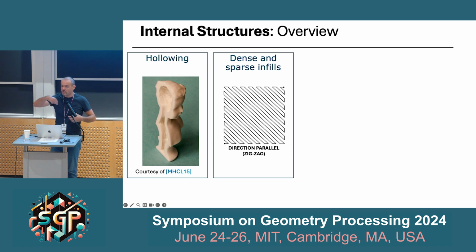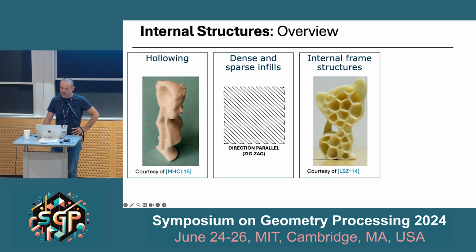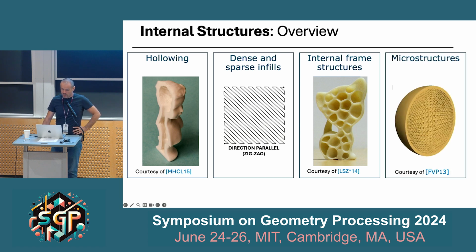So these are trajectories of the toolpath that create some thin walls in the object. Or you can have sparse internal frame structures, such as in this picture. This is quite different because this uses less material and creates many cavities. Or you can even create microstructures to simulate some particular behaviors we will talk about.